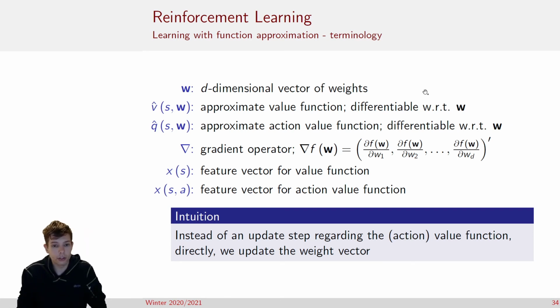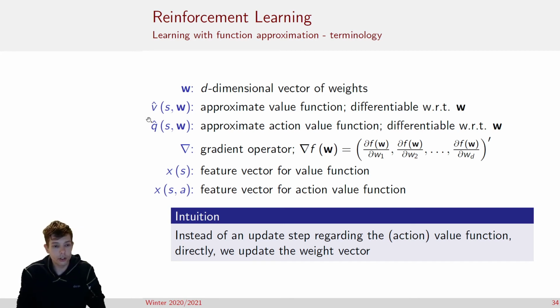This collection of weights will be used to compute something based on the states, and this then represents the value function. How exactly the approximation works, we'll see in a couple of minutes. But for now, this vector of weights, W, will represent everything we need to know about the value function.